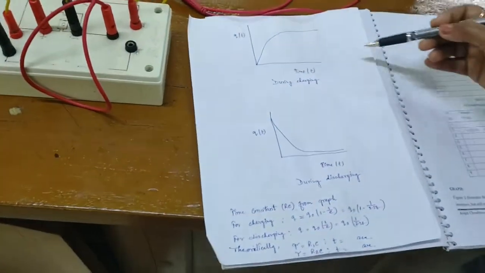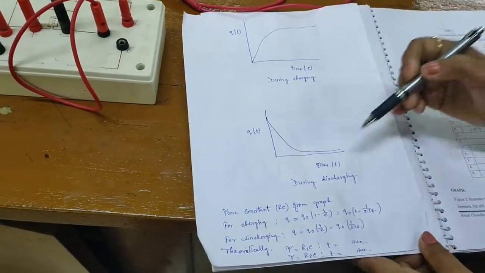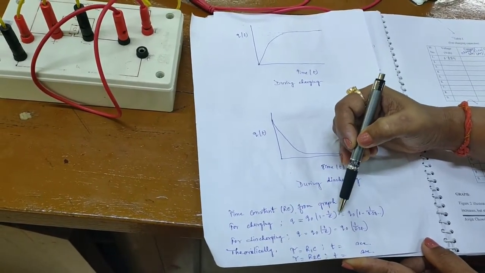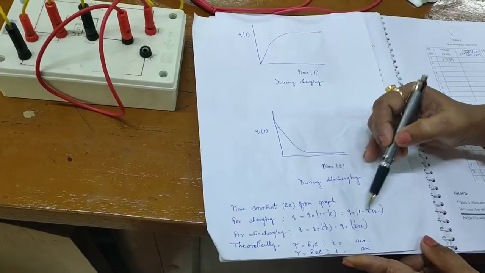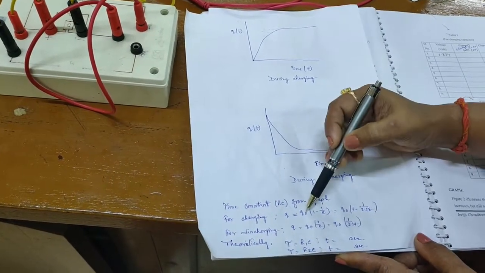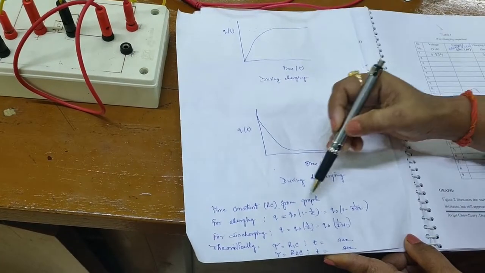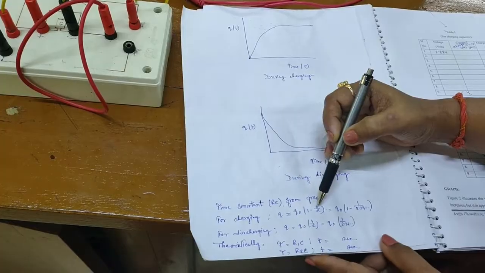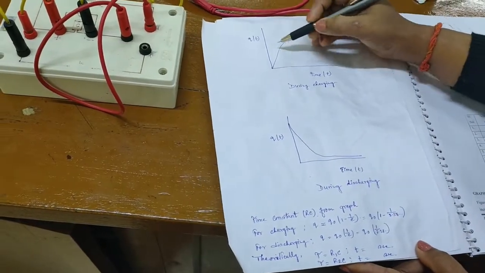Now, after plotting the graph, our formula for charging is Q equals Q naught into 1 minus 1 upon e. So 1 upon e, where e is the exponential value 2.37, we know this one, and Q naught is the maximum charge. Put the values here and find the charge value, and that charge value you find on the graph somewhere.